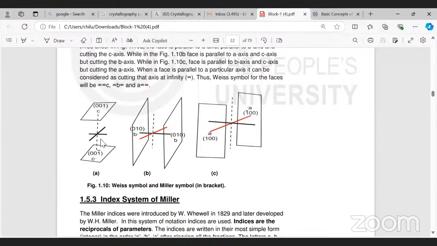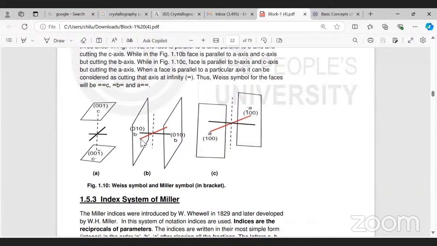the C axis is intersecting, and the two axes A and B are not. So it is 0 0 1, because A is equal to 0 and B is equal to 0, since it is not intersecting, but C only intersects, at a long distance. So according to that we give the numbers 0 0 1.